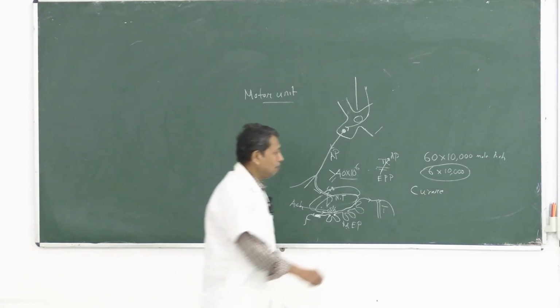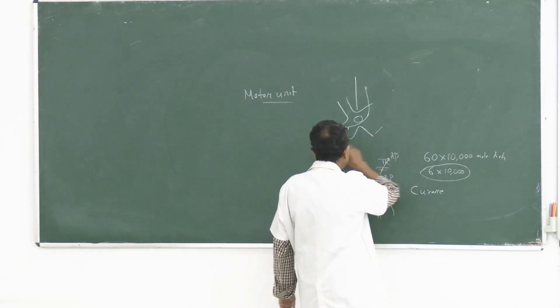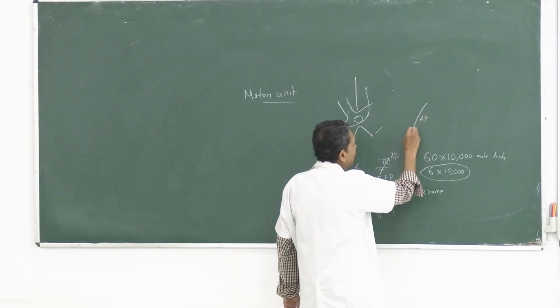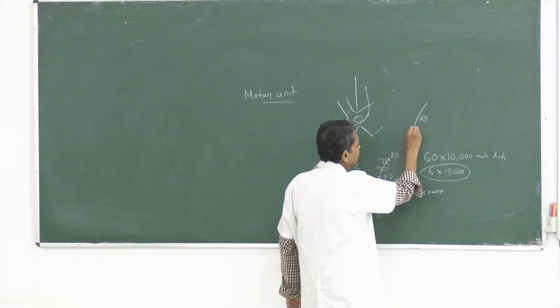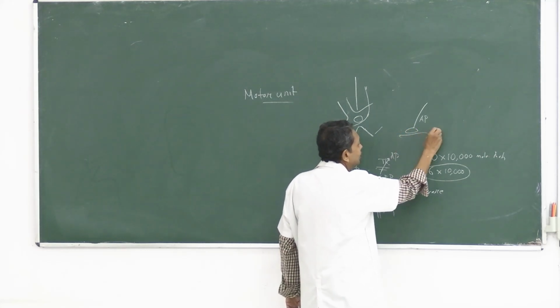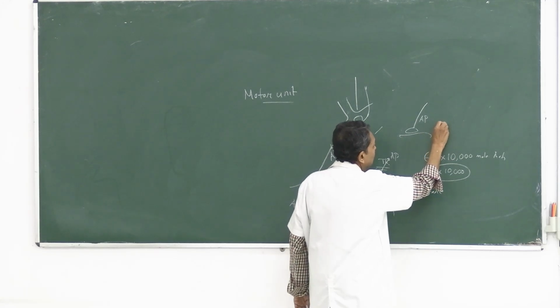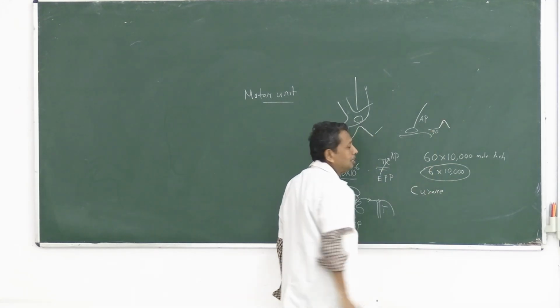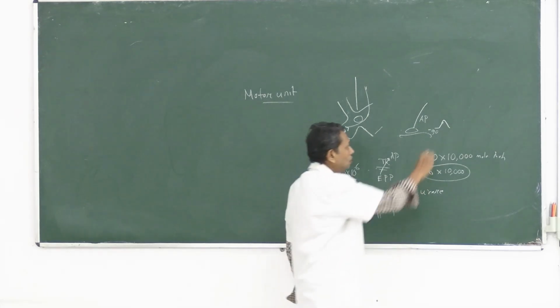In the case of a curarized muscle, if there is an action potential in the nerve supplying the curarized muscle, then this end plate potential can be demonstrated. Suppose it is minus 90, it will not reach the action potential threshold.